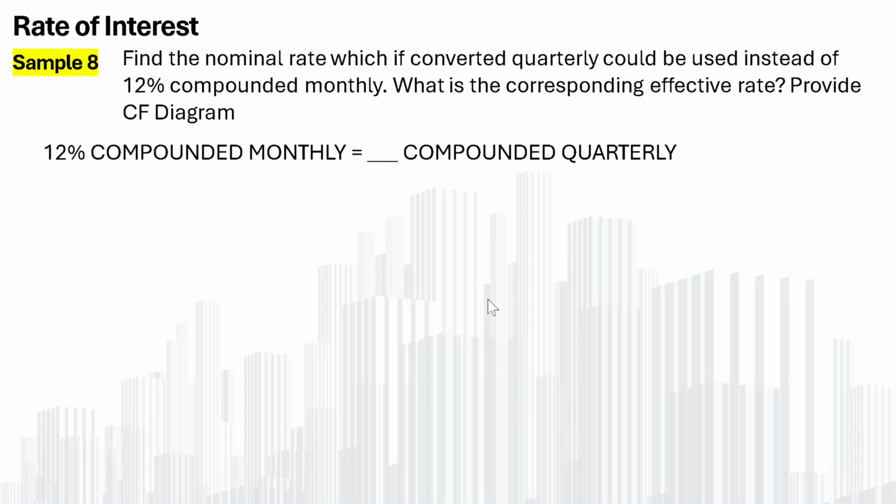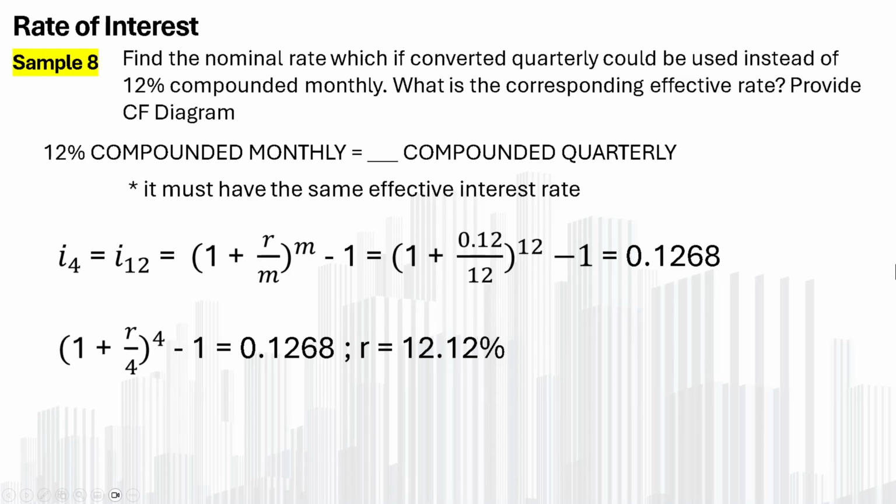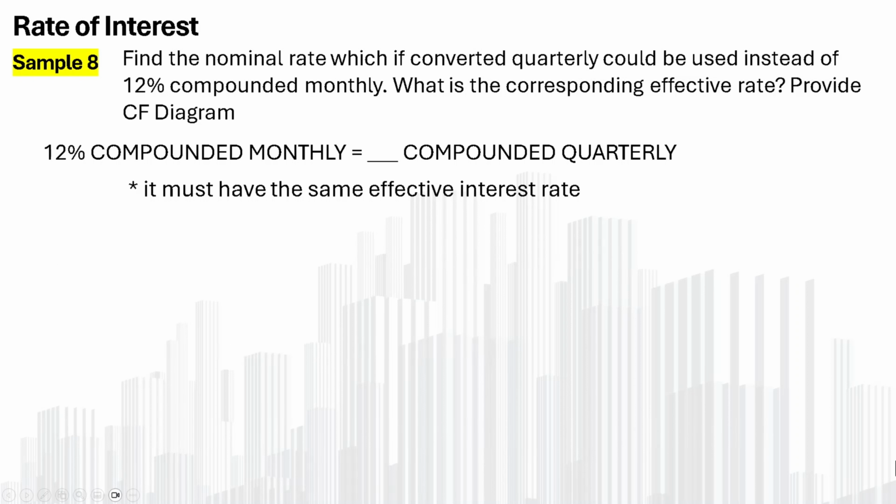So, it's kinda looking like this one, 12% compounded monthly, and whatever the percent there compounded quarterly. It must have the same interest rate. Dapat lang, kasi regardless kung compounded monthly siya or quarterly, it should have the same per annum interest rate, or yung effective interest rate natin dito.